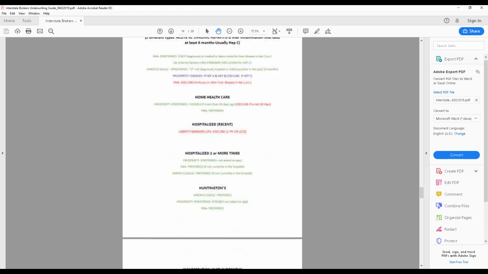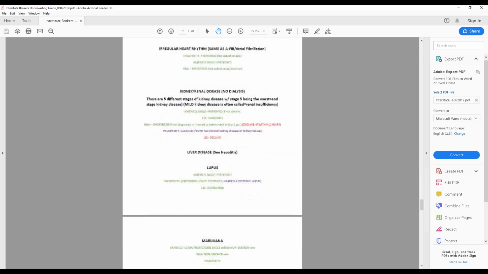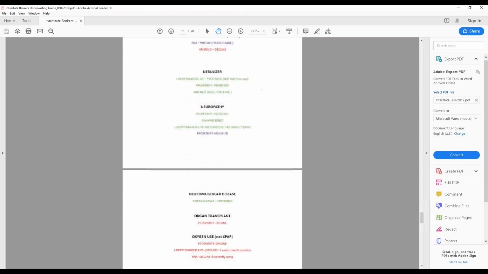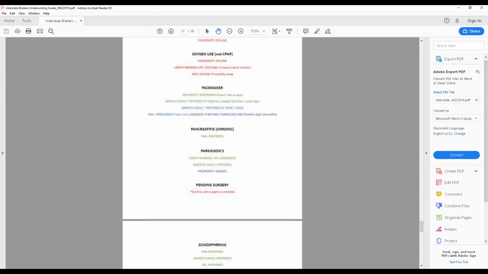So we quickly want you to scan through and look at the way that the carriers will take each of the different conditions. Okay, you can see Parkinson's, we have 2 carriers, they'll take them preferred or standard. We have 1 carrier that'll take Parkinson's graded.